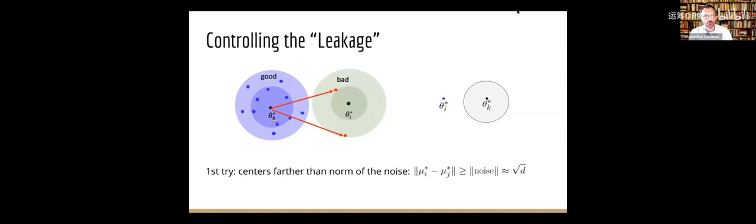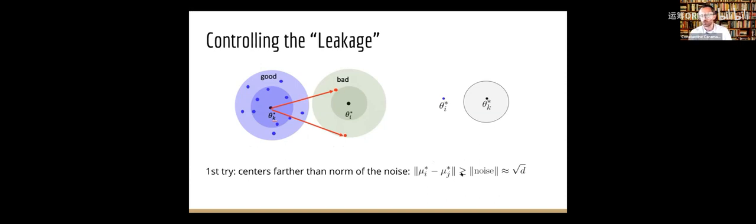Okay, so how could I preclude these bad events from happening? Well, the first try is, let's say I'm in the spherically symmetric setting, so let's just make sure that the norm of the noise is smaller than the distance between my centers. Oops, I see I switched to mu's here. Apologies for that. So these mu's and thetas are the same.